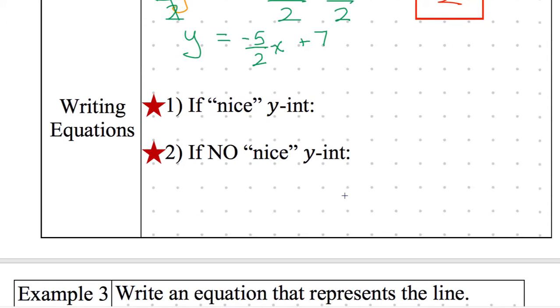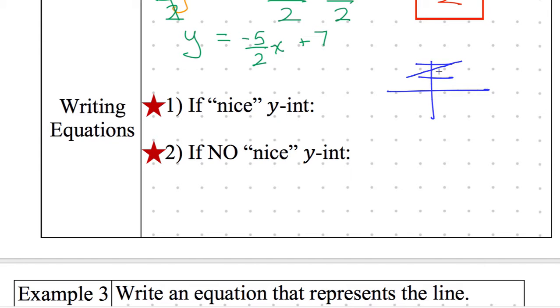So there are 2 steps when you're writing equations. This is the second of the 2 homework assignments tonight. And here are the steps. If you have a nice y-intercept, and by nice I mean a whole number. For example, you don't write this down now, but if I have something that goes through right there between 1 and 2, I don't know if this is 1.5, if it's 1.6.